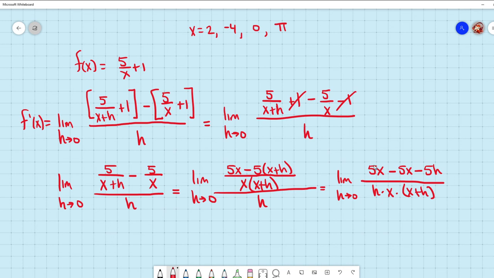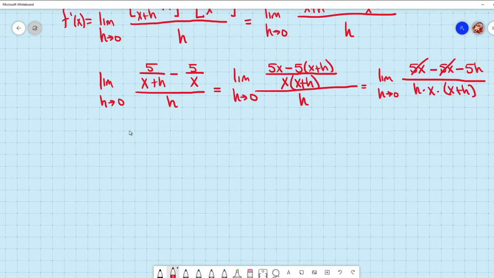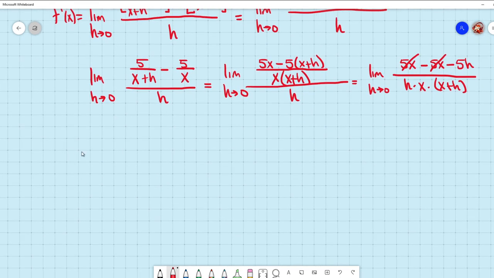Now after writing this, I can see the 5x's will cancel. So now we've got the limit as h approaches 0 of negative 5h over h times x plus h. I see the factor of h can cancel.